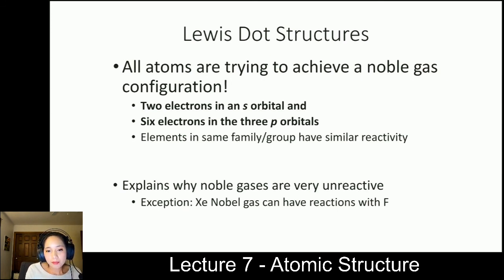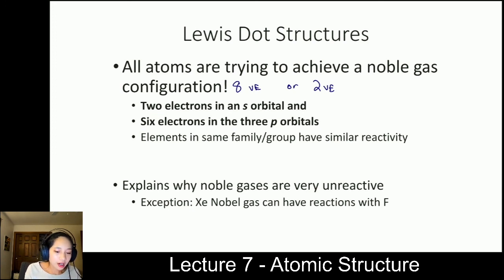Through different reactions, through forming bonds, it is energetically favorable for atoms to achieve a noble gas configuration and have 8 valence electrons, or sometimes 2 for hydrogen, which we'll talk about in a later chapter.